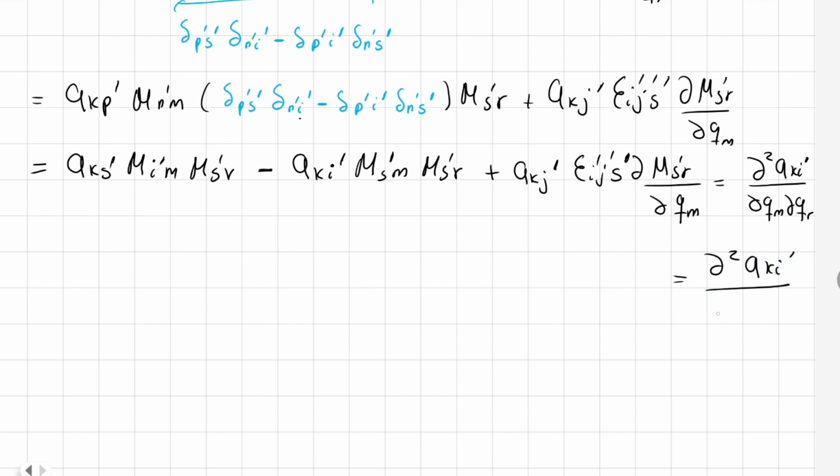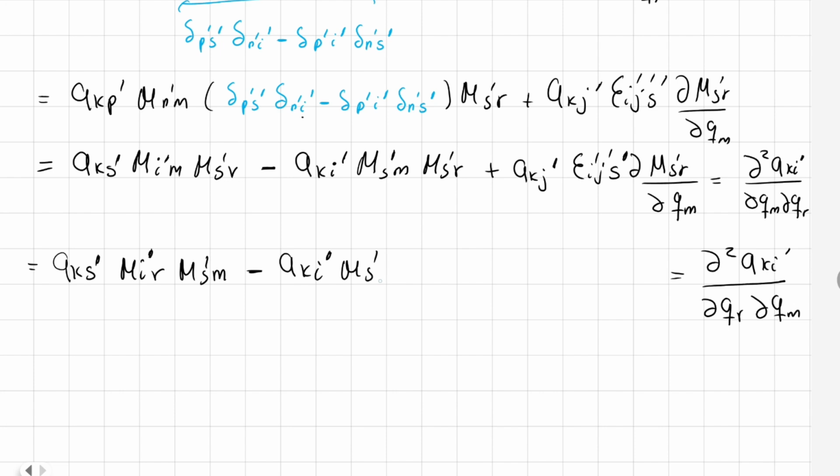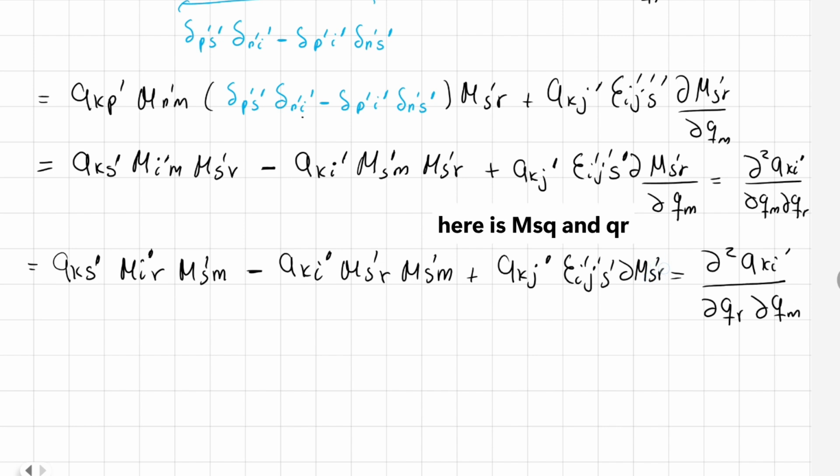The second partial of A K I with respect to Q R with respect to Q M is going to be equal to A K S prime M I prime R M S prime M minus A K I prime M S R M S M plus A K J prime E I J the partial of M S R with respect to Q M.